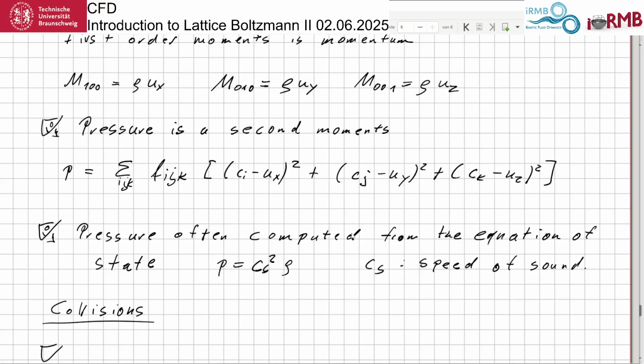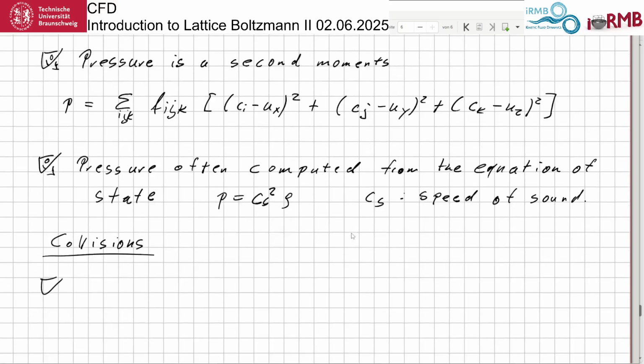Okay, I was not expecting that you like this. So, a few things about collisions. What do collisions do? We are not doing molecular dynamics here. We already have these distribution functions, and we want to see what collisions do to the distribution.